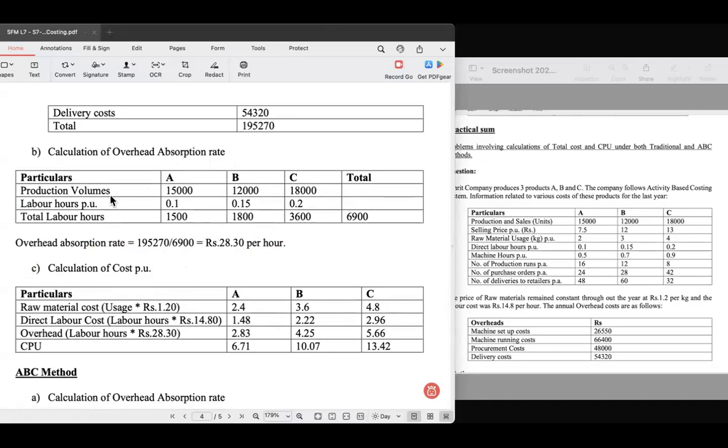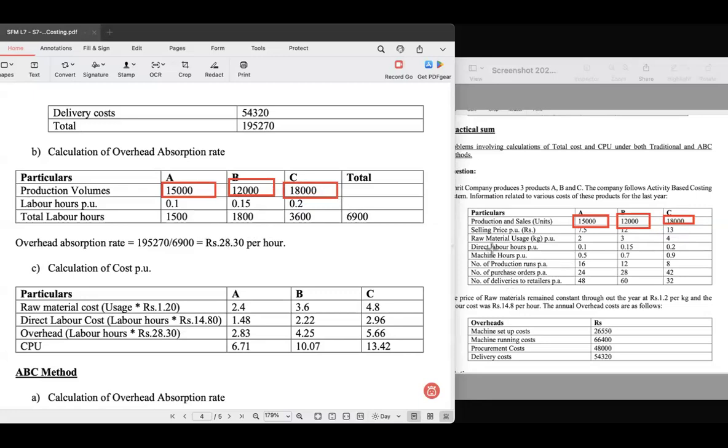Okay, so now we are taking the production volumes, which is here: 15,000, 12,000, because we have 3 products, and C, 18,000. Production volume into labor hours per unit equals total labor hours.